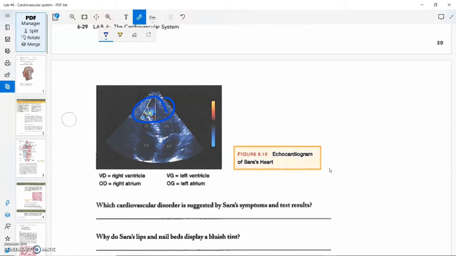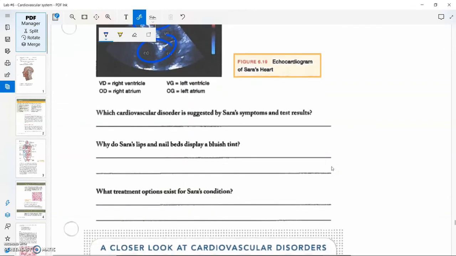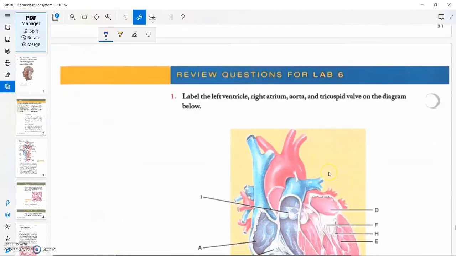You can see here the blood, the septal defect. So the cardiovascular disorder is called a septal defect, and Sarah's lips and nail beds display a bluish tint because her blood was under-oxygenated. Treatment option is a surgical repair of the septal defect.